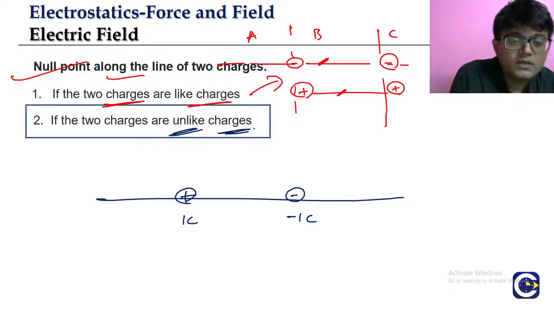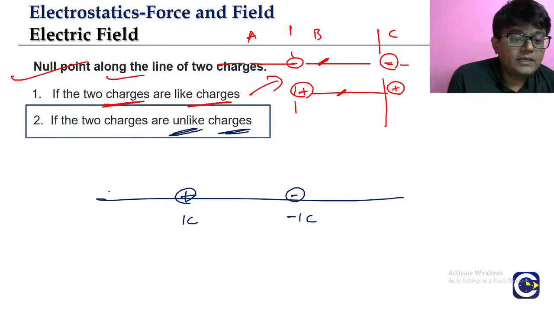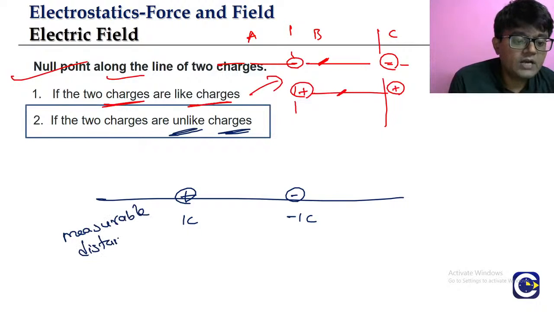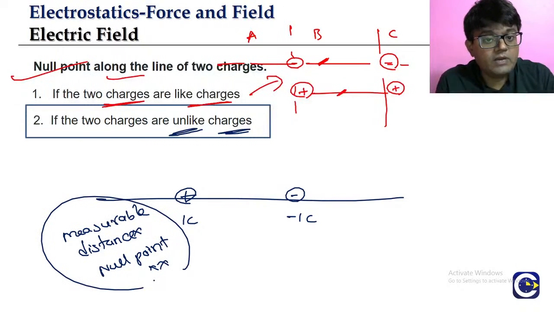So now what happens? Where are we going to get the null point? Do you know? We will not get the null point at any measurable distance. So where will we have the null point, if not at a measurable distance?